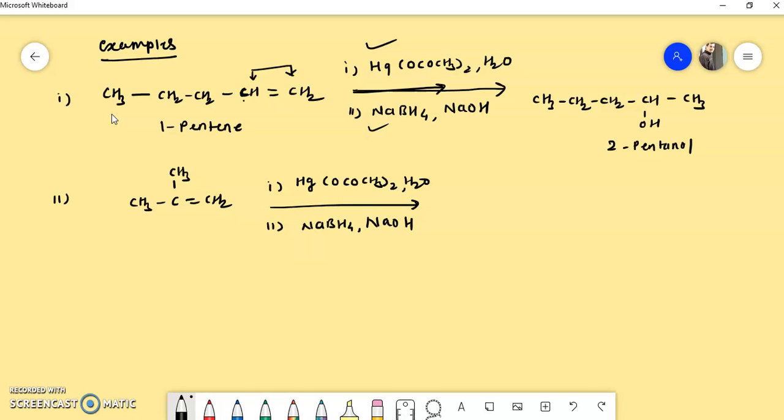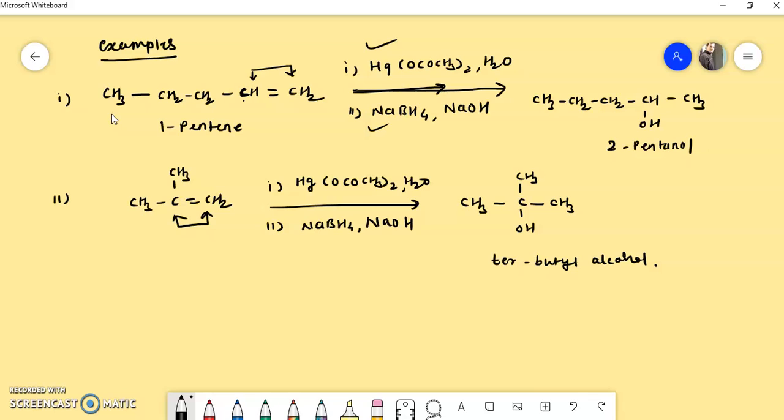So what will be the product? Again the water molecule will be added across this double bond. So there is a formation of CH3 C, here will be the OH group, CH3 CH3. So this will be the product. The name of this product is tertiary butyl alcohol. So this is all about the oxymercuration and demercuration reaction.